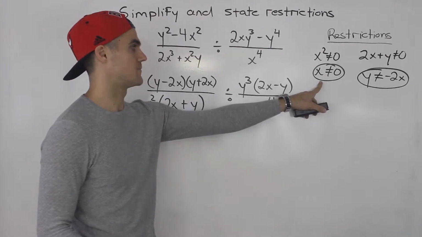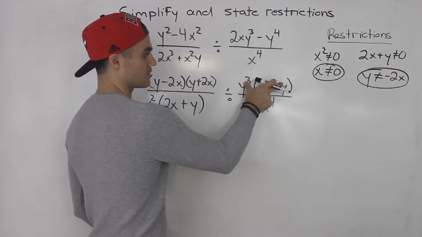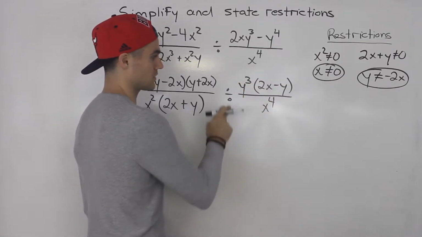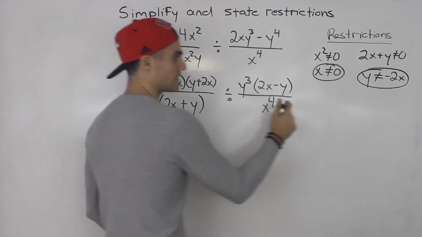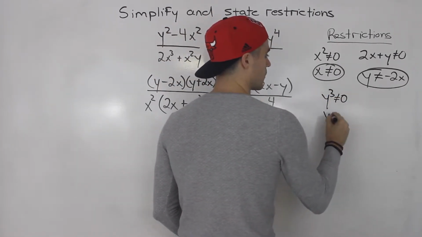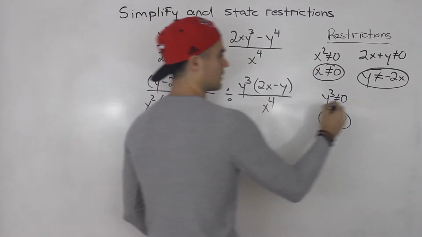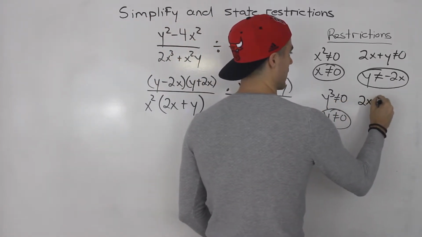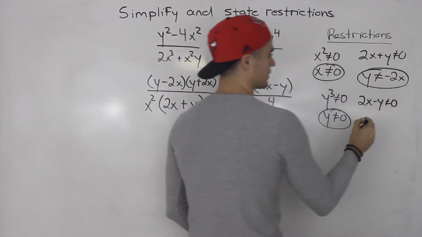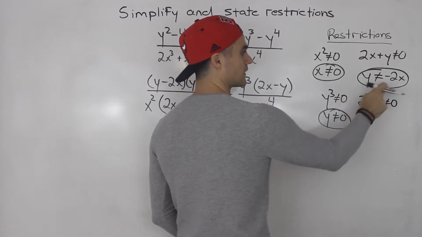X cannot equal 0. And then we have to look at the numerator of this second rational expression as well, because we're dividing. So y cubed cannot equal 0, which means y cannot equal 0. And then over here, we got 2x minus y cannot equal 0. Since we isolated for the y here, let's isolate for the y here. Bring the negative y over.